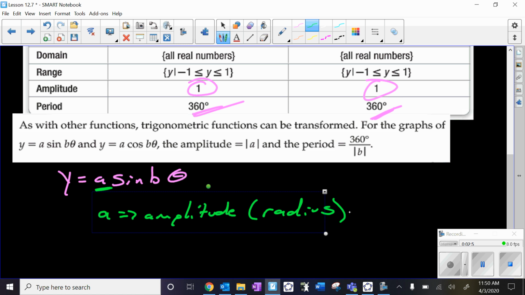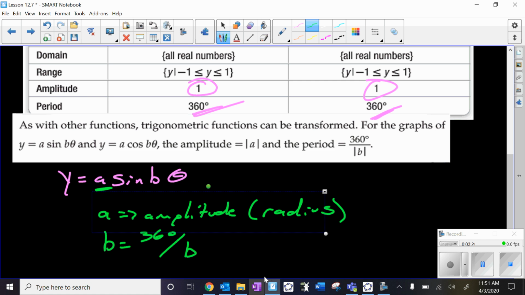Remember, our radius of our unit circle is 1, but if I change the radius of the circle, that's going to change how high and how low my function goes. And then b, that is going to affect our period. Now, in order to find our period, we're going to take our normal period, which was 360, and divide it by b. Dividing by b will tell us the number of degrees that represents one cycle.